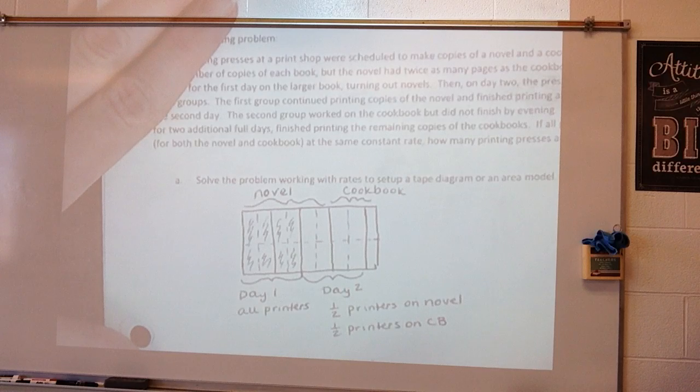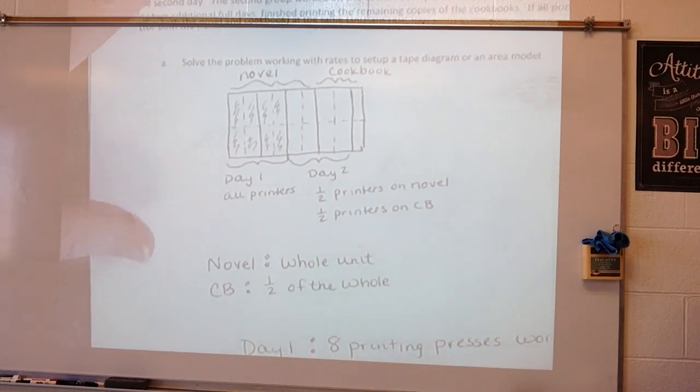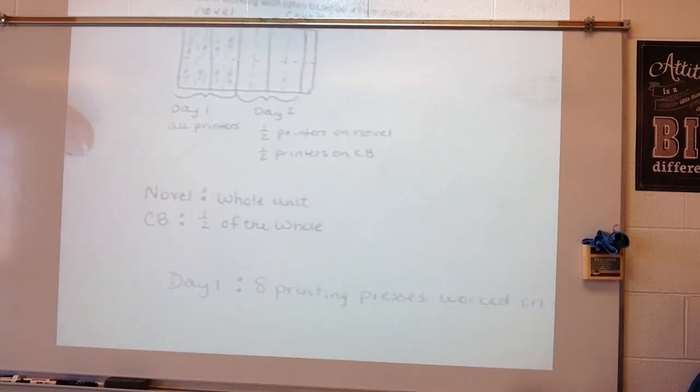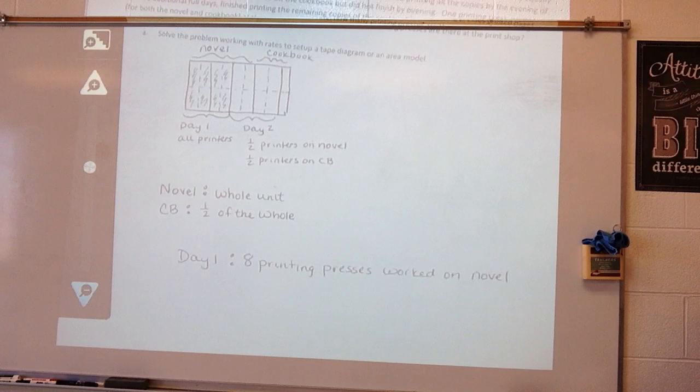So on day 1, 8 printing presses worked on the novel, which was all the printing presses. I'm going to have to back this out just a little bit so that we can see.